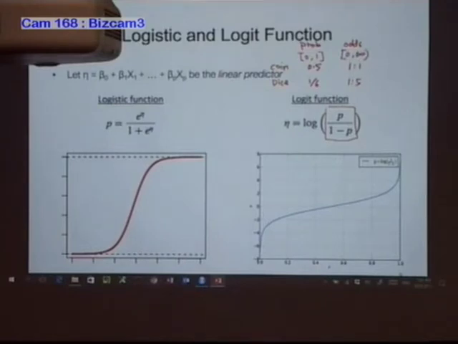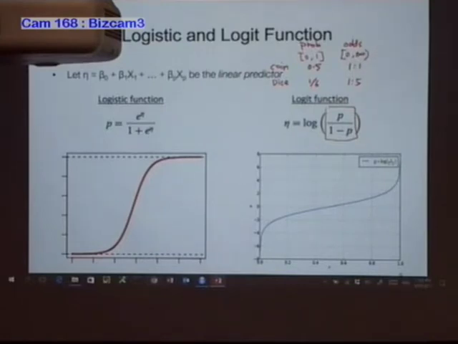With a high probability or low probability, you get very extreme situations. So this transformation basically carries the same information, but converts your probability into a different domain, 0 to infinity.